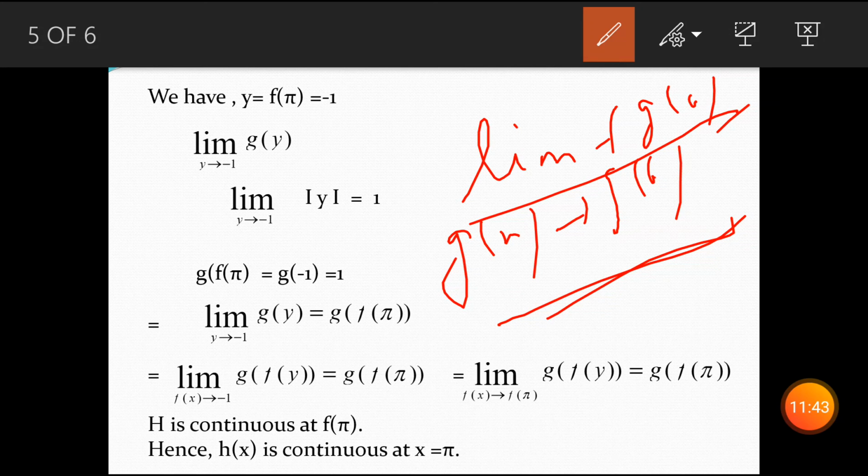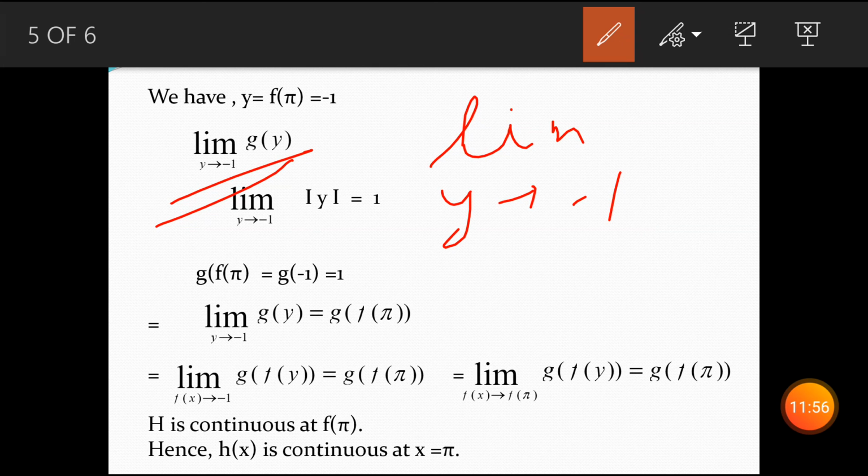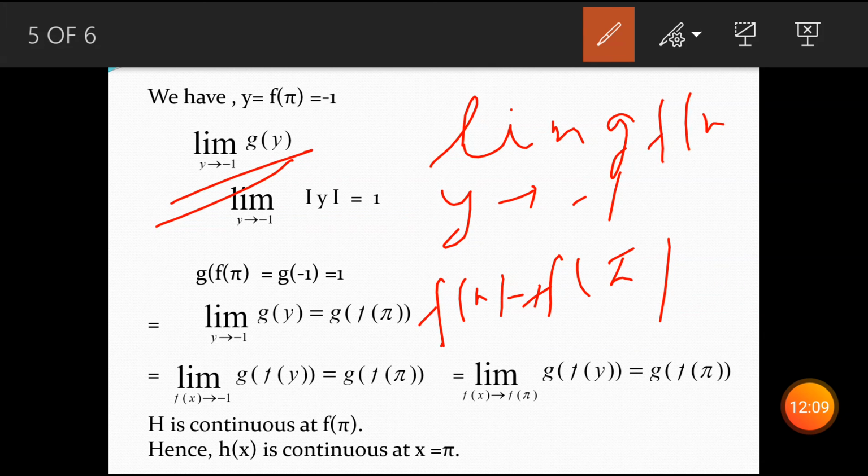So now according to the need of the question, we are going to change it. We can write it in this way: limit y tending to minus 1. Minus 1 is used for f of pi, and y is nothing but f of x. So f of x to f of pi, and this is g(y). g(y) is nothing but g of f of x.